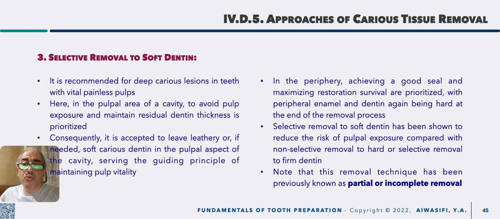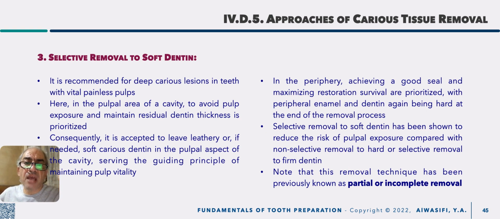Then condition number 1: non-selective total removal or complete removal until you reach hard dentine. But this is now an unreliable one, absolutely destructive. You didn't preserve repairable tissues which could be repaired by remineralization.